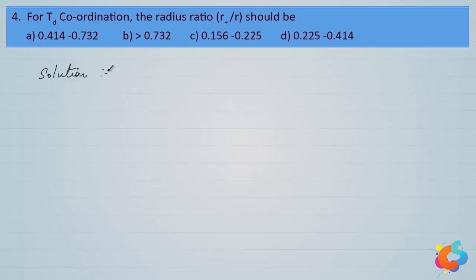The solution for the above question is, we all know that for tetrahedral coordination, the radius ratio, that is R plus divided by R minus, should be between 0.225 to 0.414. And therefore, the right option is option D.